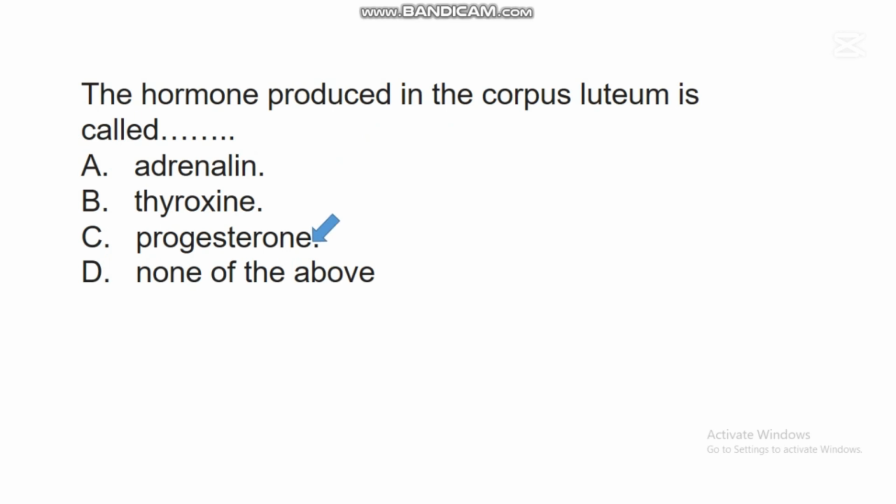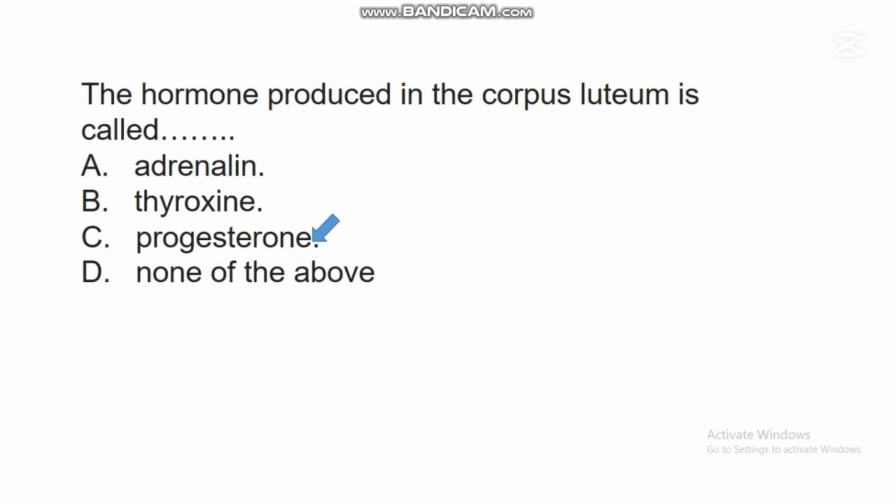Progesterone. There is a hormone called progesterone, and studies have shown that this hormone helps to maintain pregnancy, and because it plays a great role in implantation and keeping the pregnancy, this hormone is regarded as a pregnancy hormone.